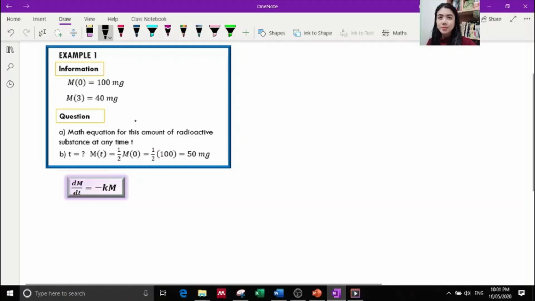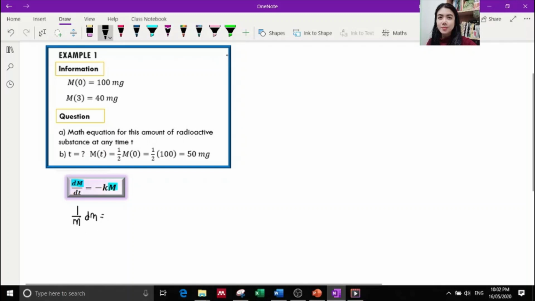Once we have gathered the information for example 1, let's begin to solve it using the differential equation. We are going to begin by using the technique of separable equations. We have to separate it because we want the m together with the dm, so you bring it to the left hand side. You will have 1/m together with the dm.